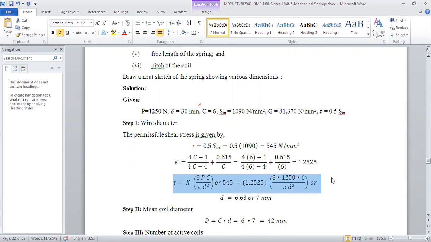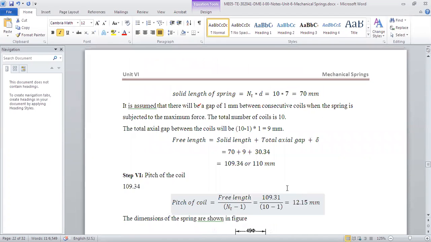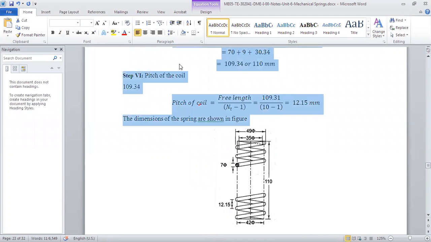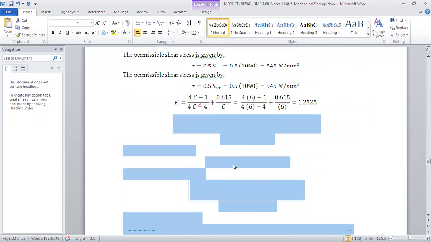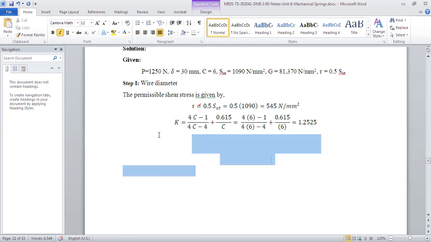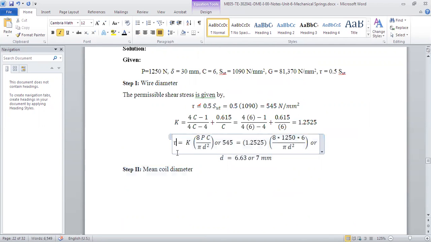So now we know the wall factor of the spring. Now we use the shear stress equation to find out small d, that is the wire diameter. So tau is equal to K into 8PC upon pi d square. We know tau, 545 allowable shear stress.